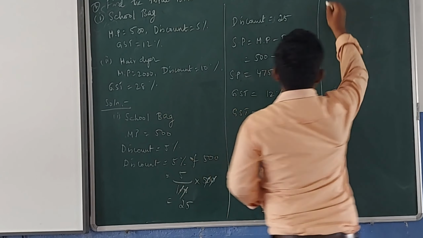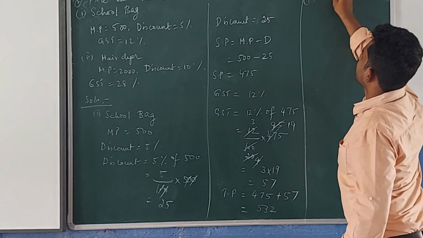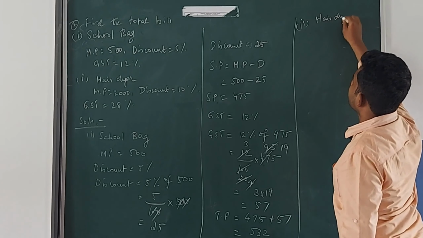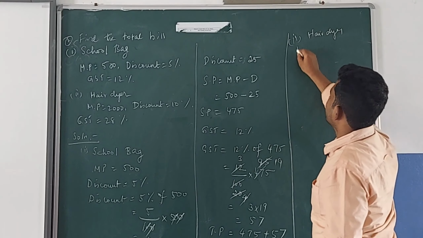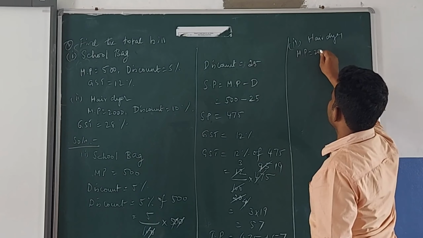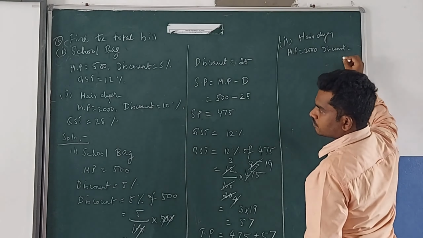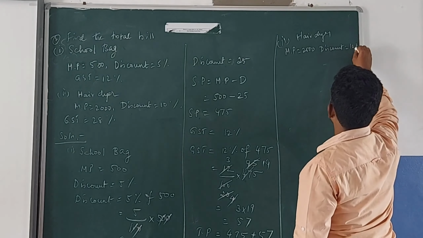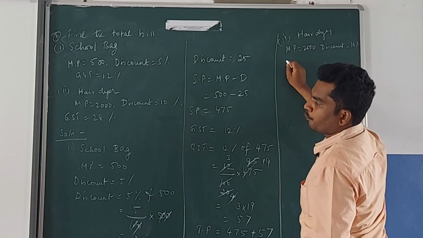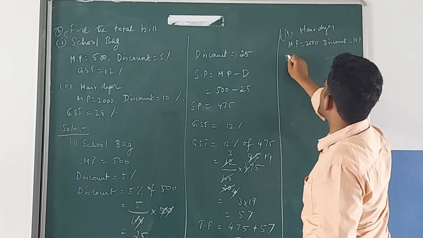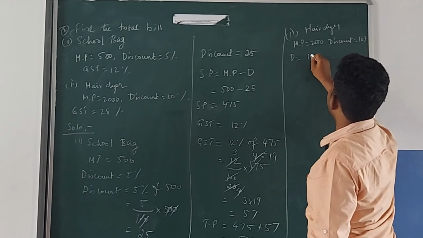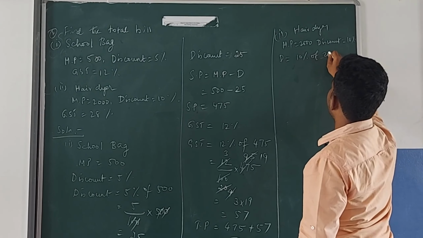Next, hair dryer. Hair dryer MP equal to 2000, discount equal to 10%. So discount equal to 10% of 2000.